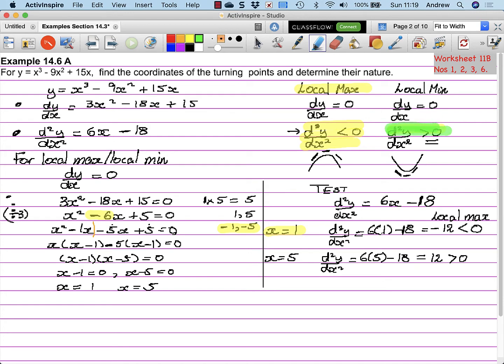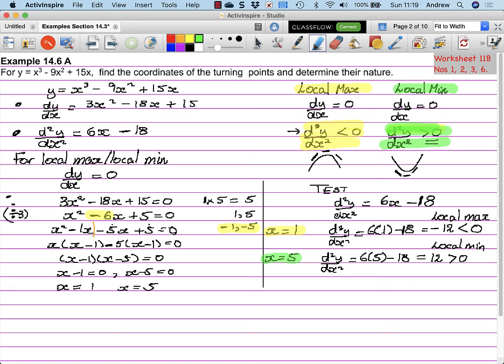So consequently, it's greater than 0, and therefore is a local minimum. So we've now got here that we have a local minimum. And x equals 5 is a local minimum.